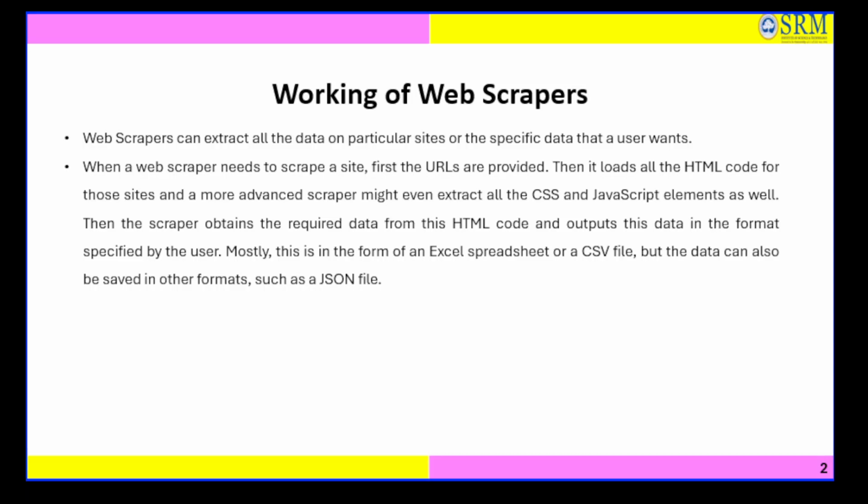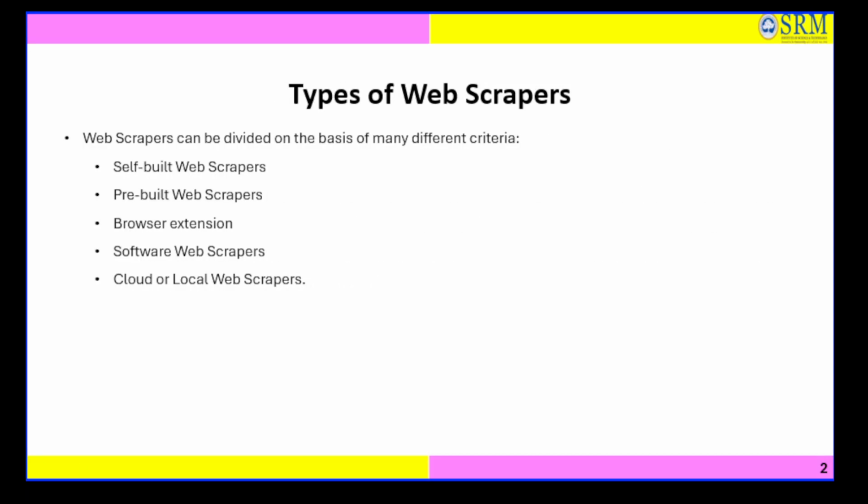Then the types of web scrapers: as you could see, there are five or six different types, like self-built, pre-built, browser extension web scrapers, software web scrapers, or cloud and local web scrapers. Web scrapers can be divided on the basis of many different criteria, including self-built or pre-built web scrapers.